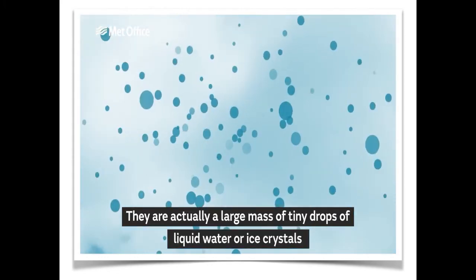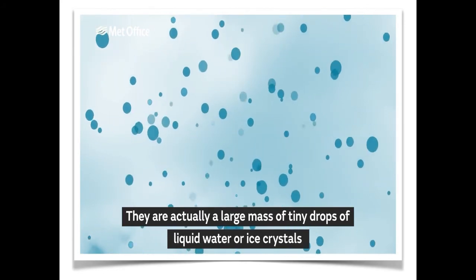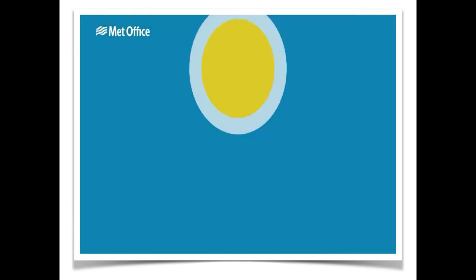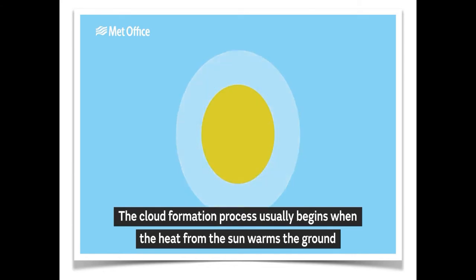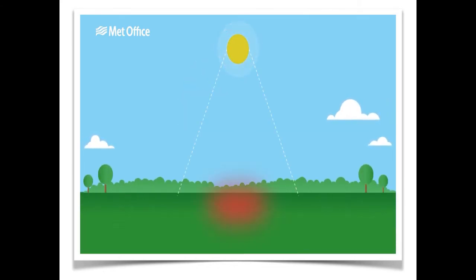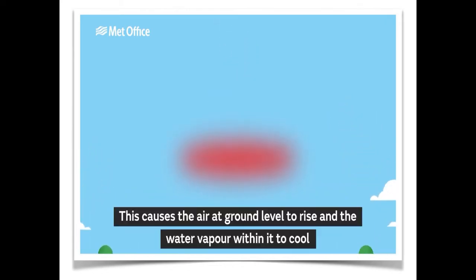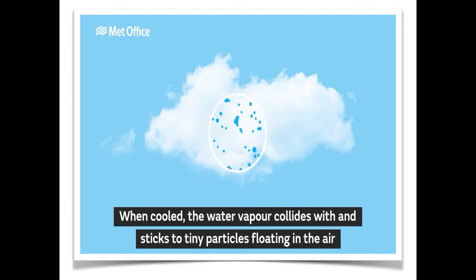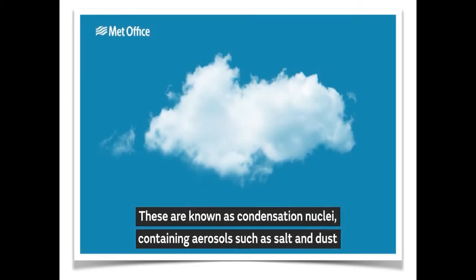Cloud. As you can see, there are tiny drops of liquid water, and also ice crystals. Cloud formation usually begins when heat from the sun warms the ground. You can see now it gets warmed up and rises above the ground level, and when that gets cooled, then tiny droplets form.